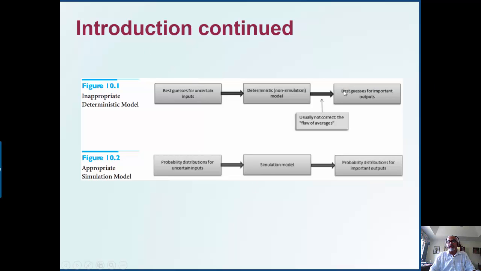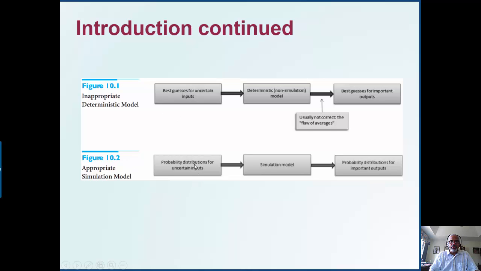And when we do that, we get one particular output. But in reality, the actual values of the input are going to be very different from the average value. But we ignore all of those variations, so we end up with unrealistic output values, and that's called the flaw of averages.